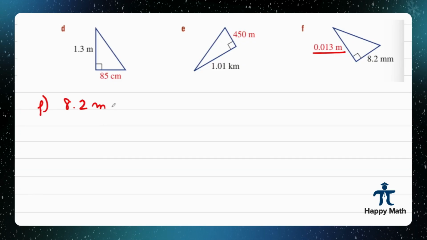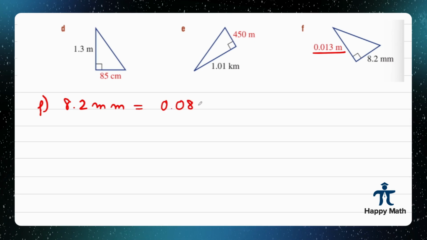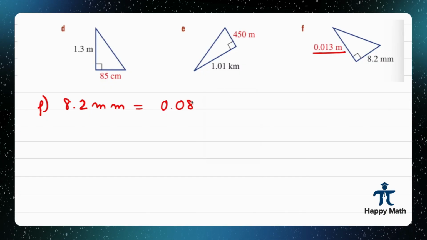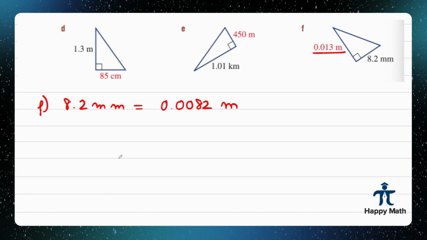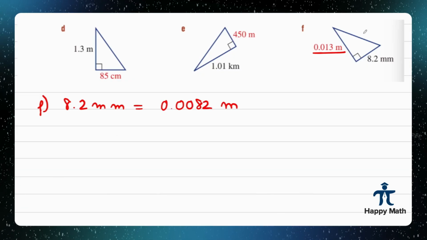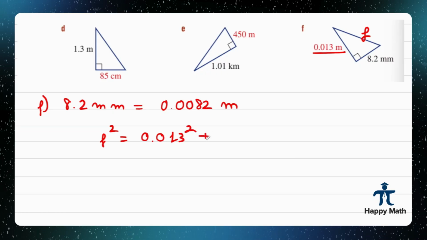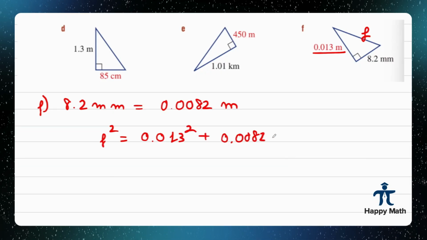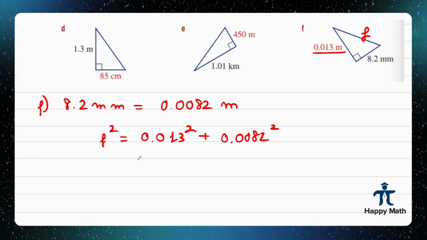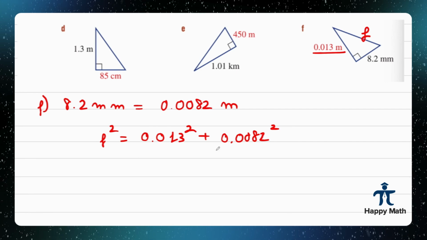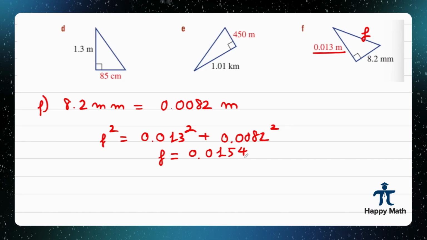Starting with millimeter, then meter, decimeter, centimeter, and millimeter, 82 millimeter is now equal to 0.0082 meter. For letter F, F squared will be 0.013 squared plus 0.0082 squared. Take the square root of this answer, and you get F equal to 0.0154.